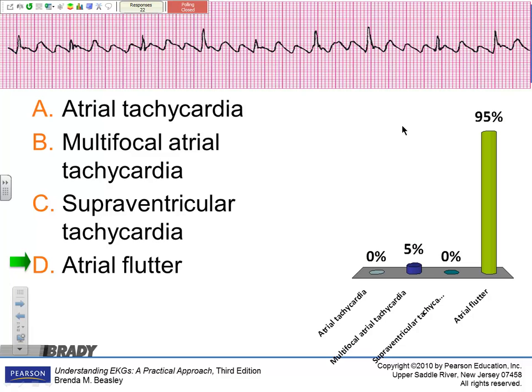Good job. Most of the time, you got a 2-to-1, 3-to-1, 4-to-1 conduction, but not always. In this case, you can see a couple of complexes. This is irregular because they're done differently. I mean, they are conducted at a different rate.